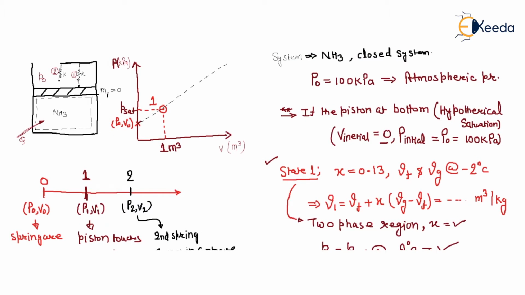So 1 to 2 there is a linear spring. So this is point 2, somewhere at this point 2.